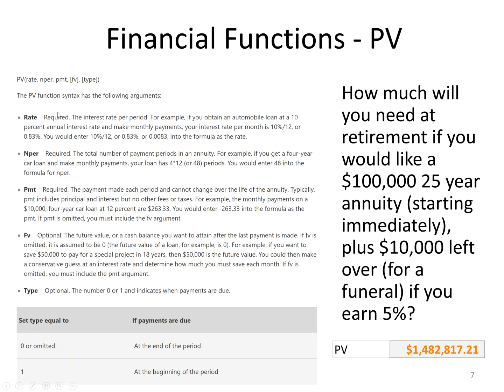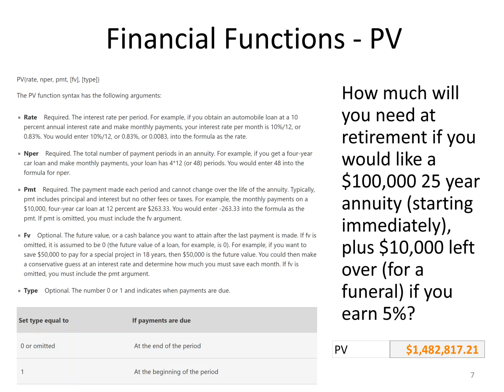So the parameters for this function are the interest rate or rate of return, the number of periods, the periodic payment, and optional is the future value amount, and optional is beginning or end of year payments. So I'm going to try to answer the question: how much will you need at retirement if you would like a $100,000 25-year annuity starting immediately, plus $10,000 left over for a funeral, presumably, if you earn 5%?